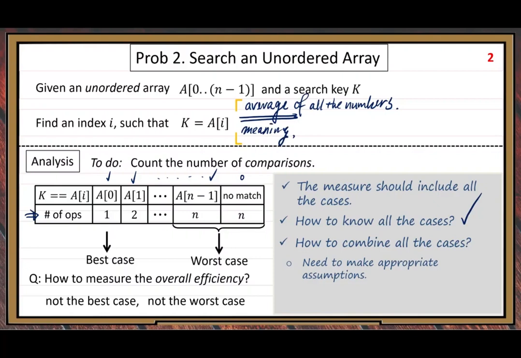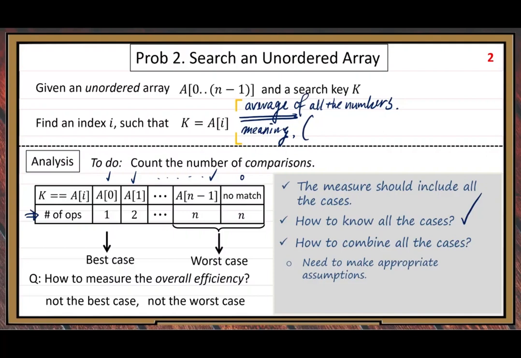When people talk about average, is there a clear meaning? Sometimes it's pretty vague, although most people have a specific meaning in mind. But you need to be very clear about the meaning of the average, because it could be different.